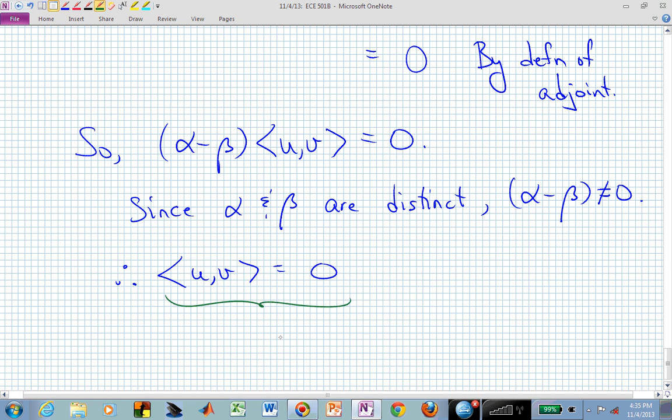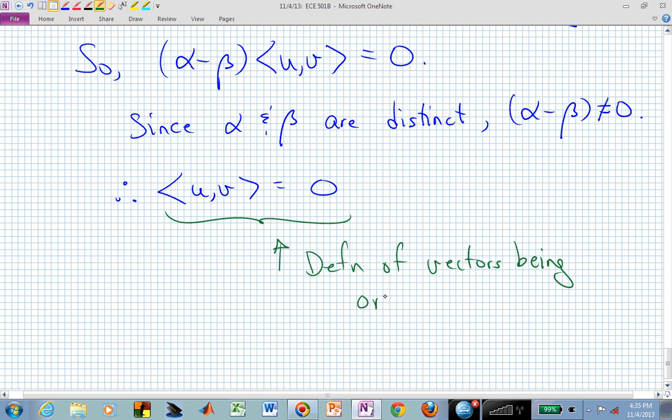So this now says, and that's actually what we set out to prove, wasn't it? We wanted to prove that the eigenvectors associated with distinct eigenvalues actually result in those eigenvectors being orthogonal.